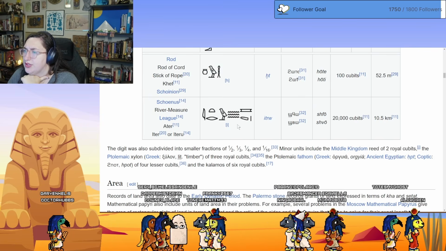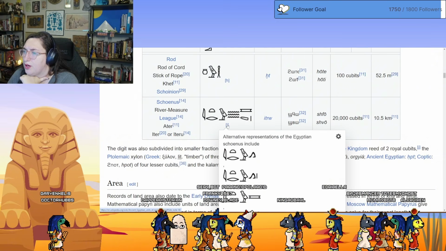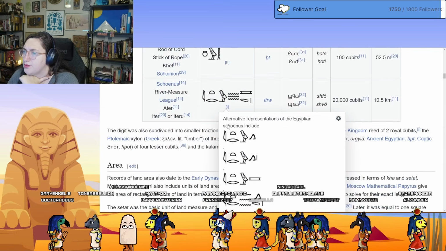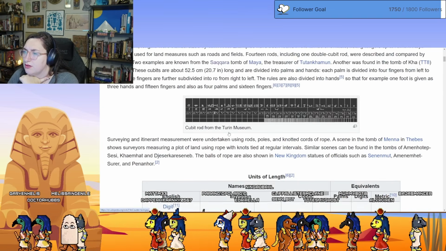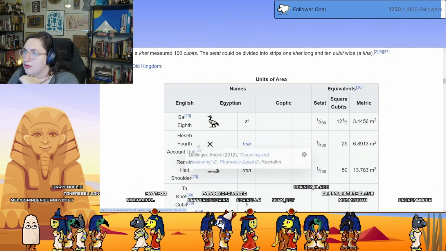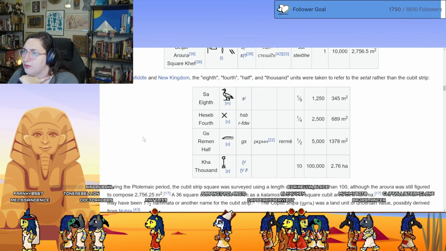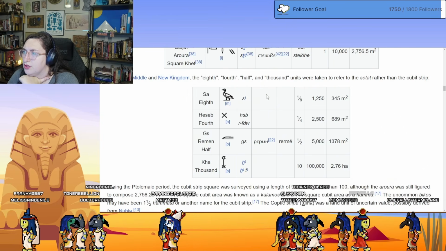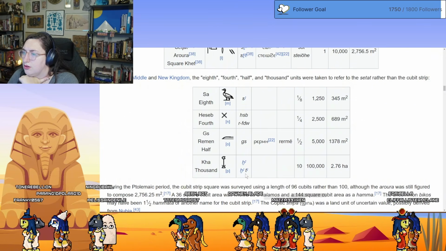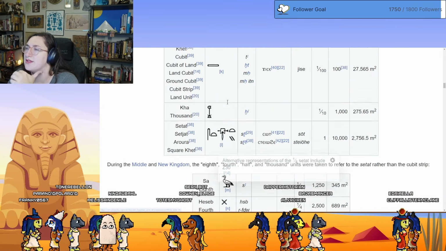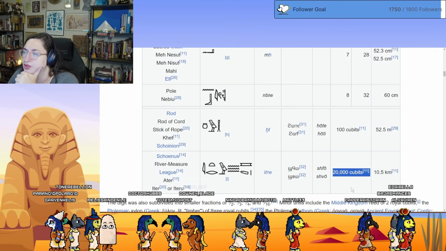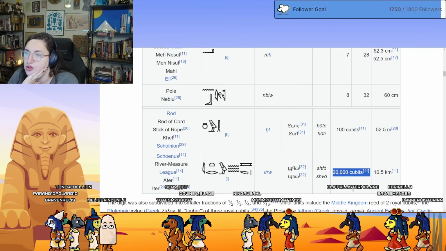So, I'm assuming this is probably Middle Egyptian? Oh wait, what does it say at the beginning? This is during the Old Kingdom, during the Middle and New Kingdom. And that's Ha. Oh no, this is numbers, sorry. So yeah, it's probably a league, which this says is about 220,000 cubits.